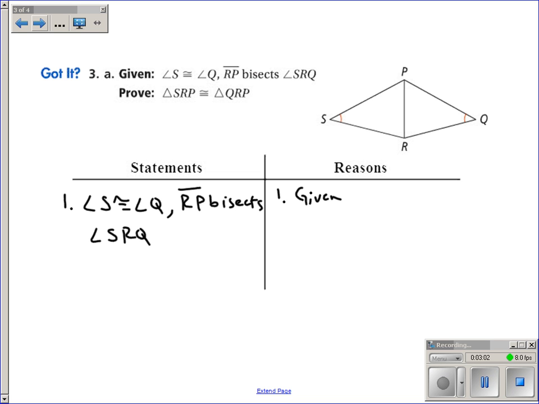Now, before I move on and think about how to go about proving this, I want to first understand my given. What does it mean for RP to bisect angle SRQ? Bisect means to cut in half. So if it bisects SRQ, that means that angle SRP is congruent to angle QRP, by the definition of angle bisector.